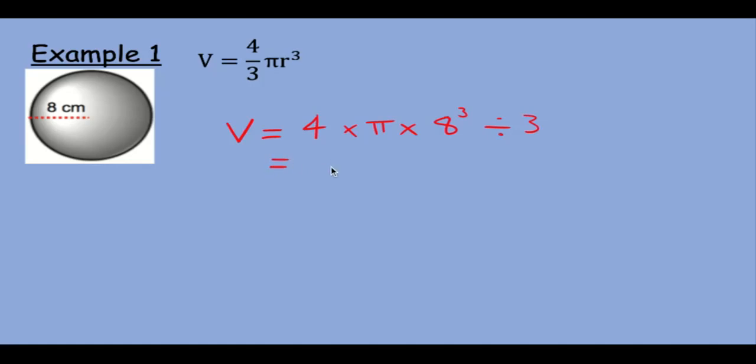Okay, so get our calculator. So we've got 4 times pi times 8 cubed equals, divided by 3 equals.